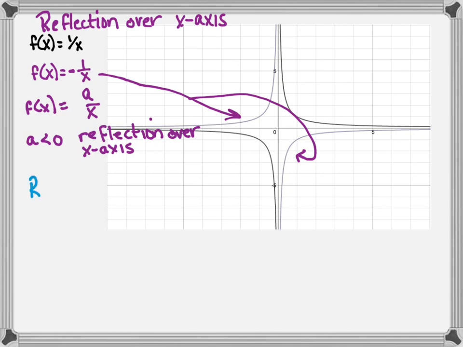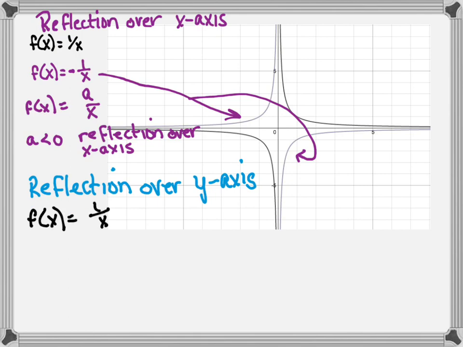Now, with this particular graph, if we look at reflection over the y-axis, so we've got our parent function, f of x equals 1 over x, and then f of x equals 1 over -x. That is going to be the same graph as our purple function that we had above.